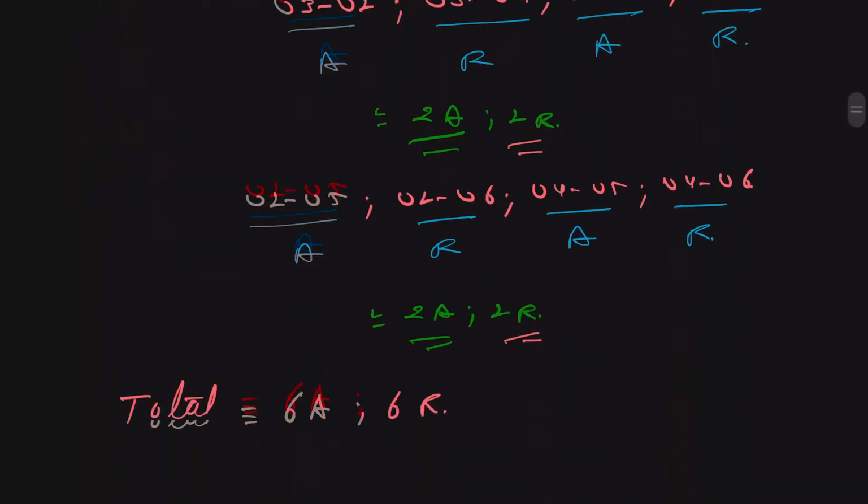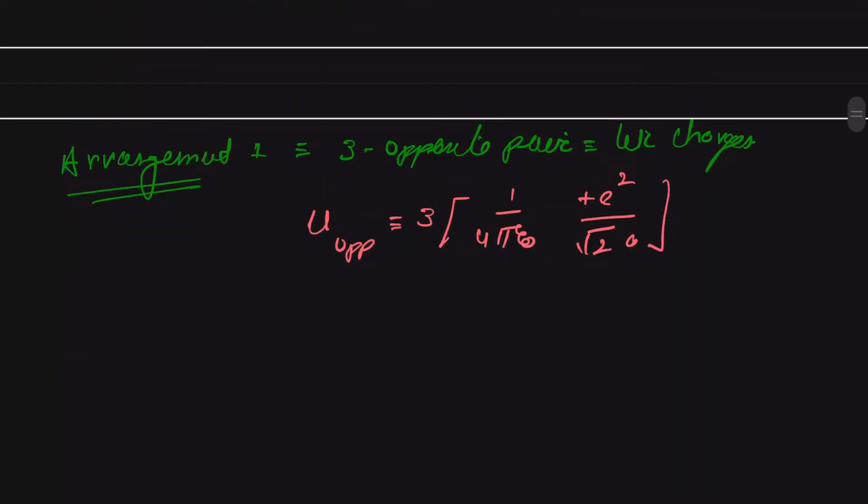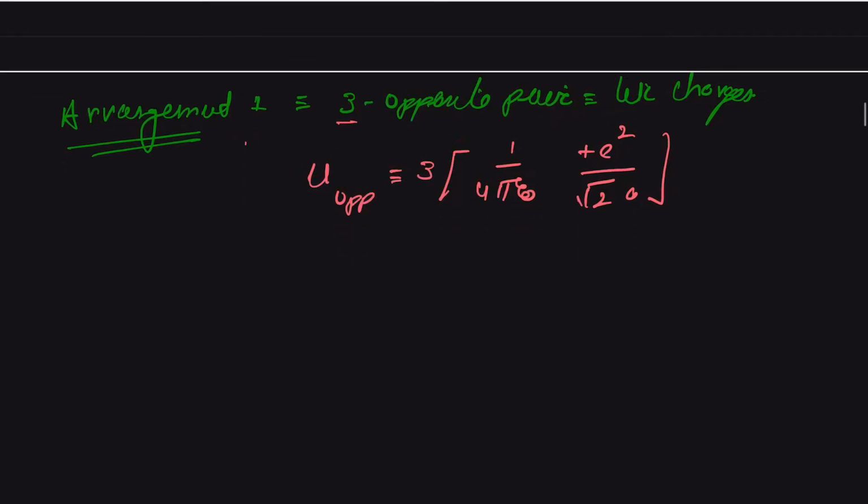Now we can easily use our basic formula for potential energy. In arrangement 1, there were 3 opposite pairs and they were like charges. So we can say our U opposite will be equal to 3 times its value. And then we have these 12 edges, and all these were opposite charges.